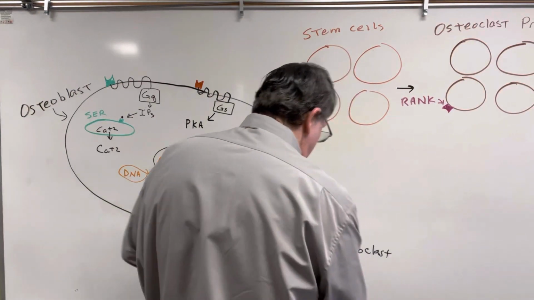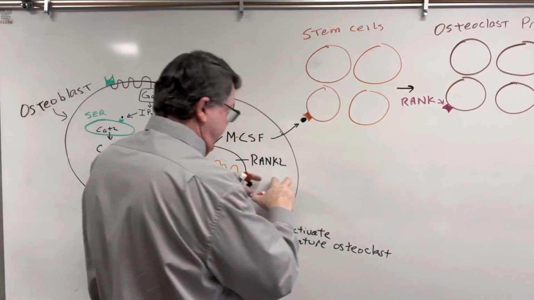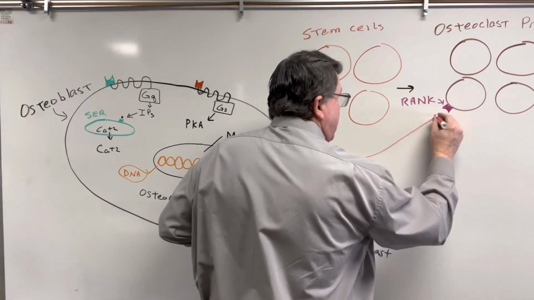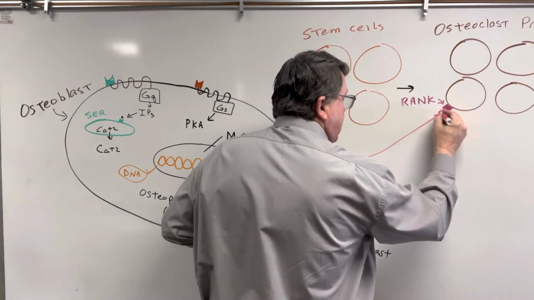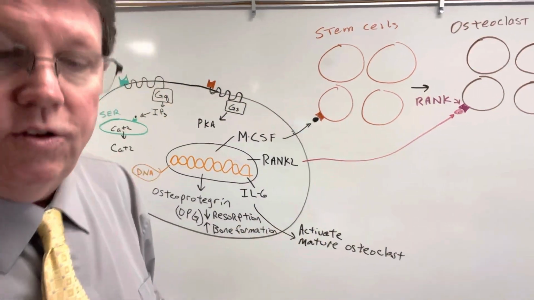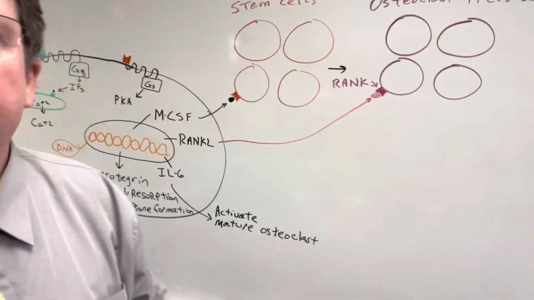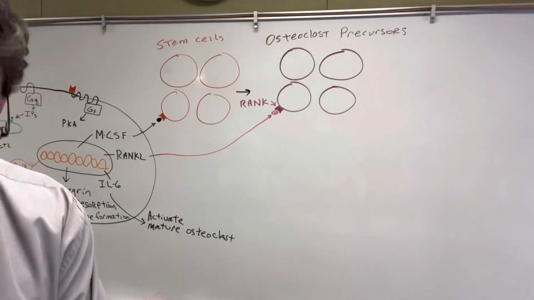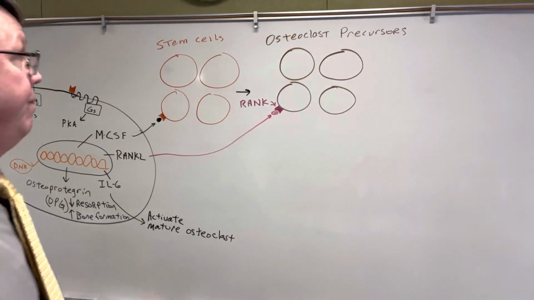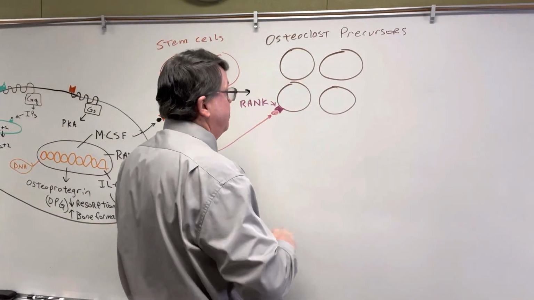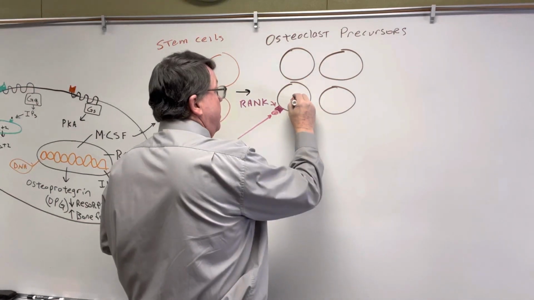So now, we have this RANKL right here, and what's going to happen is this RANKL is going to come and bind onto the osteoclast precursor. So let's move this down just a little bit here. Okay, and it's going to bind onto those osteoclast precursors, right? Now, when this binds onto the osteoclast precursors, let me draw some nuclei in here, right?